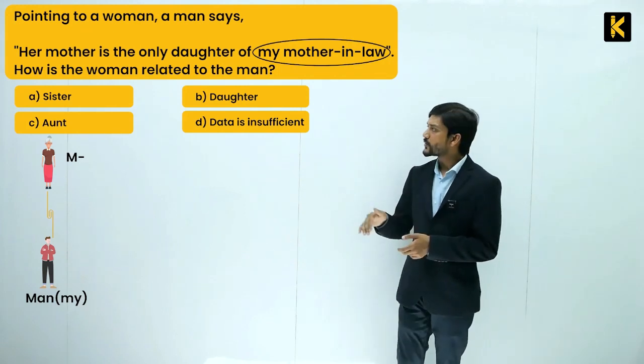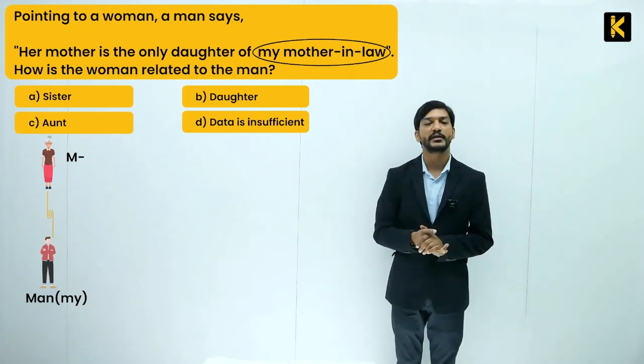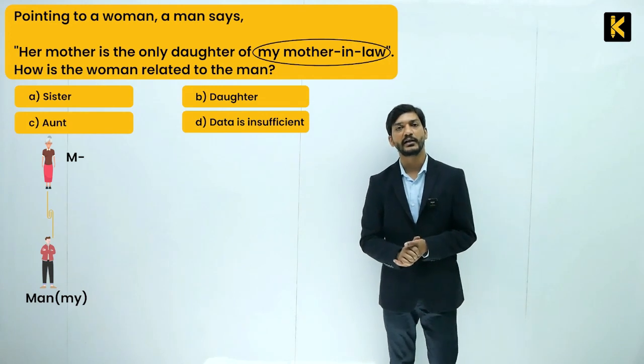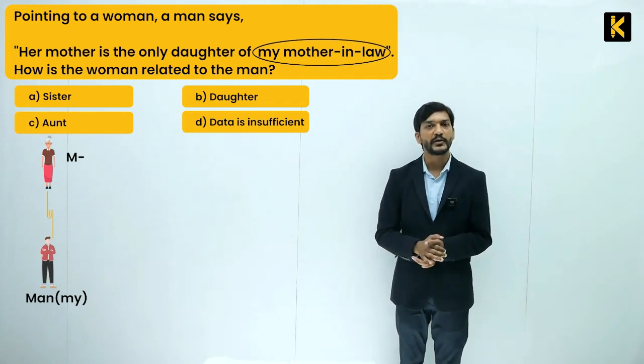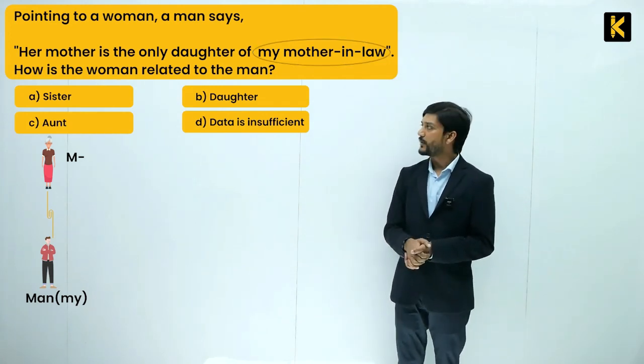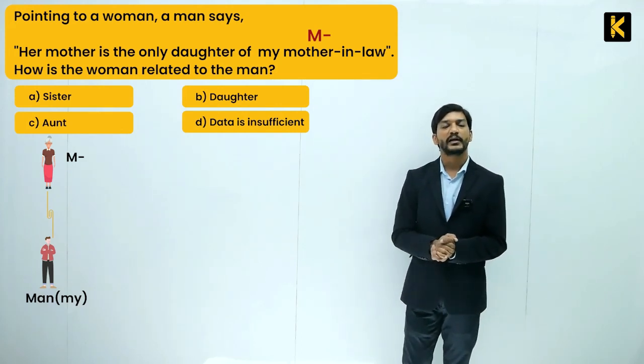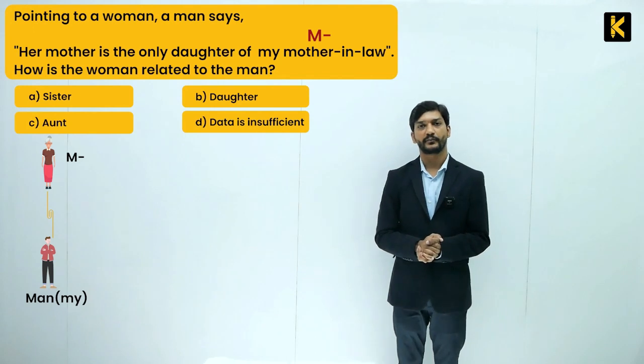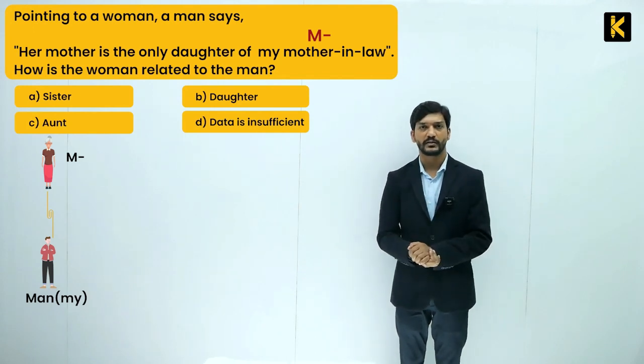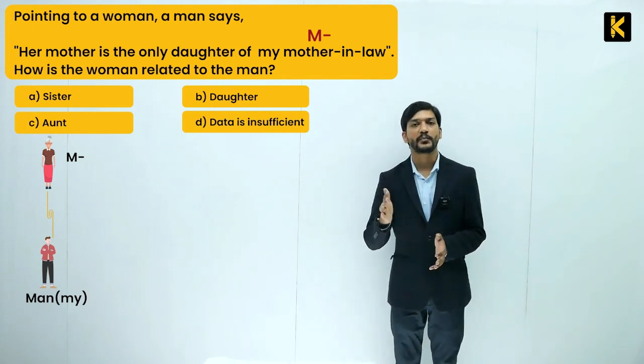Perfect. So my mother-in-law is represented with M minus in the diagram. Let me show it in the statement as well: below "my mother-in-law", M minus. Okay, perfect. Now go back in the statement, please.